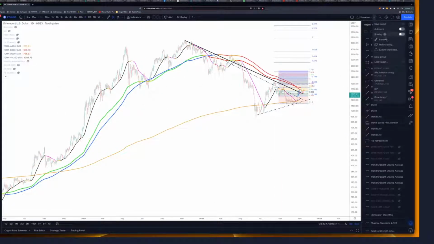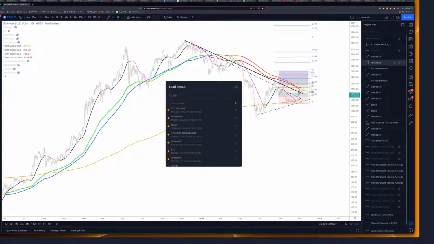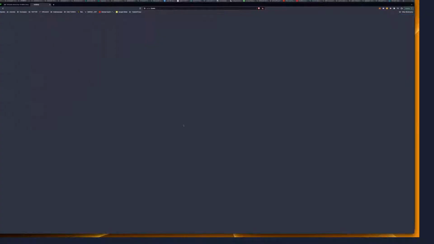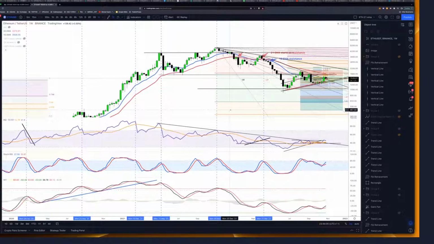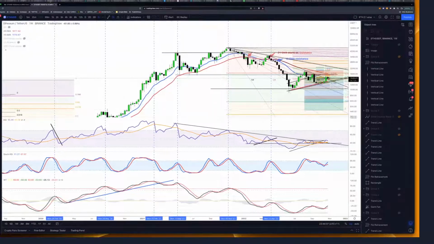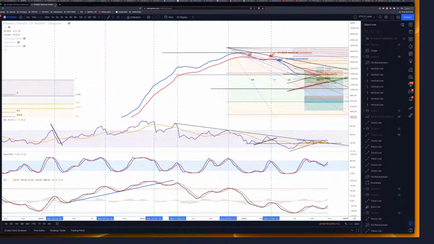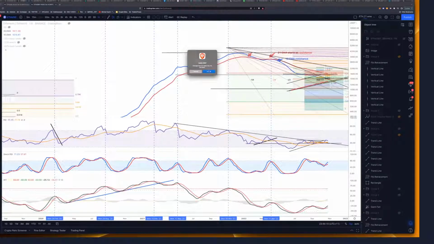Let me see if there's another one. There's a real comprehensive one. I've got too many that I haven't deleted. Is that the weekly? It's not the chart I was after. The weekly is pretty bullish though.